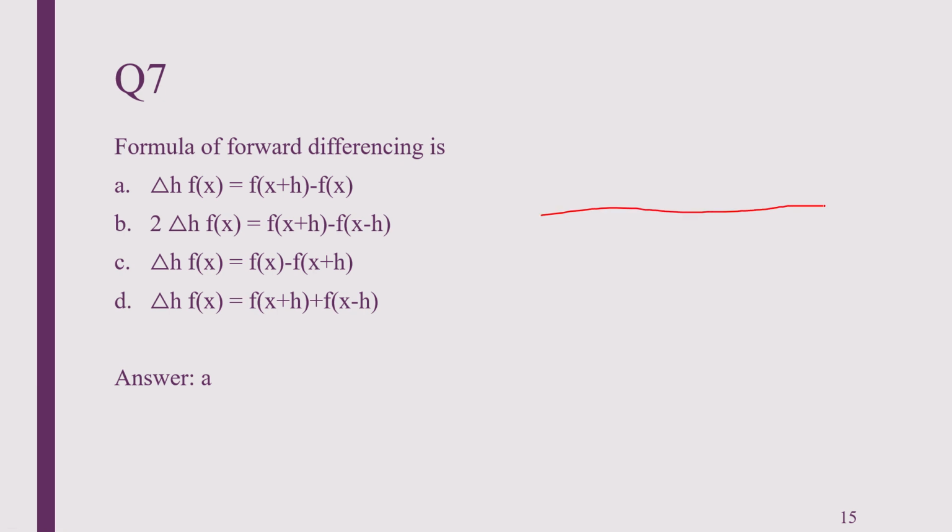Consider this, we are solving in a domain. The difference between grid points is known as delta h, and this is x i, this is x i plus 1, and this is x i minus 1.